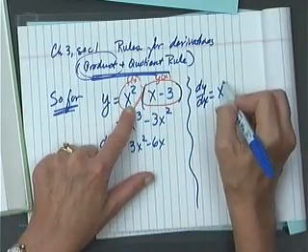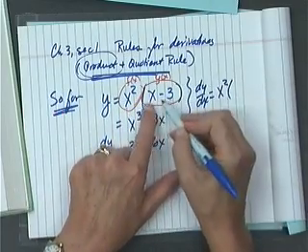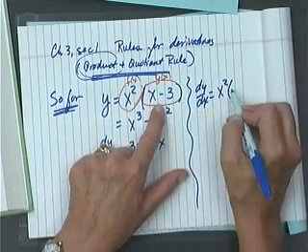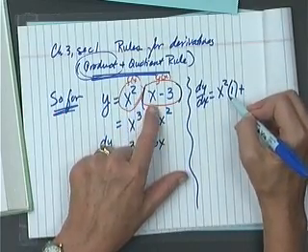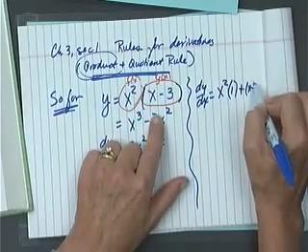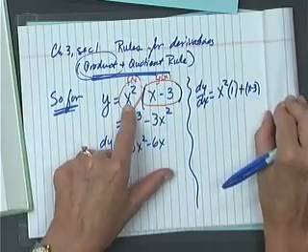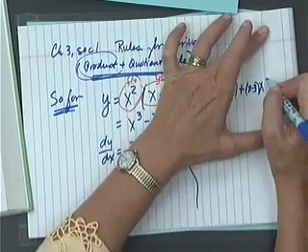First, just like you see it, times derivative of the second. What's derivative of the second? 1. Plus, okay, first times derivative of second, plus second times derivative of the first, which is 2x.